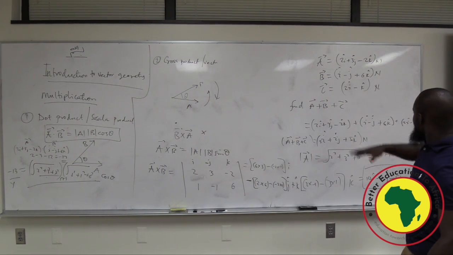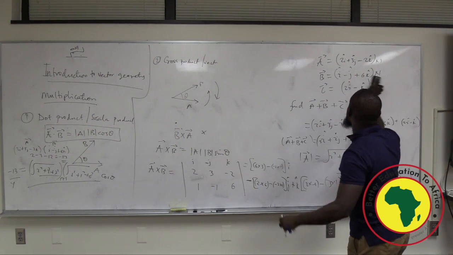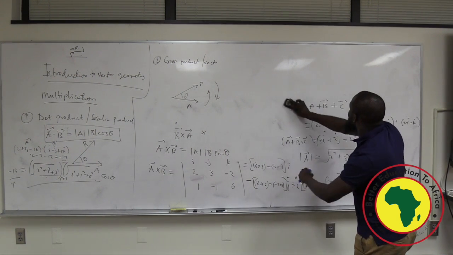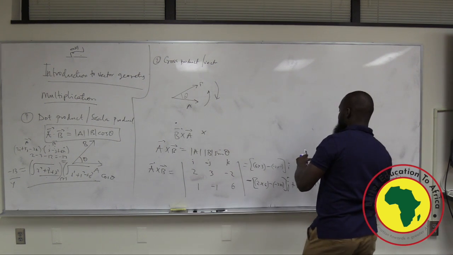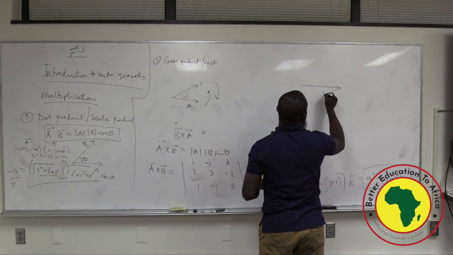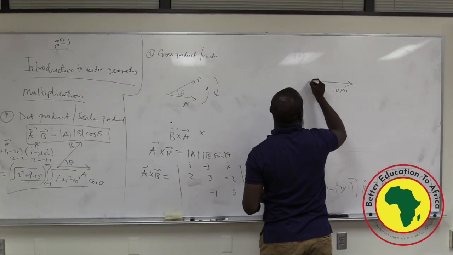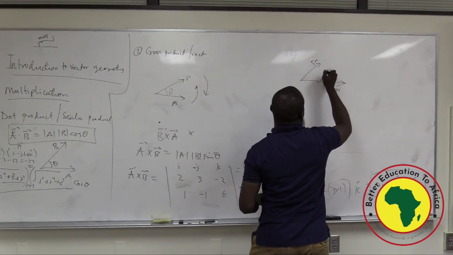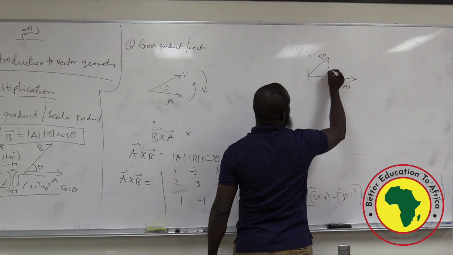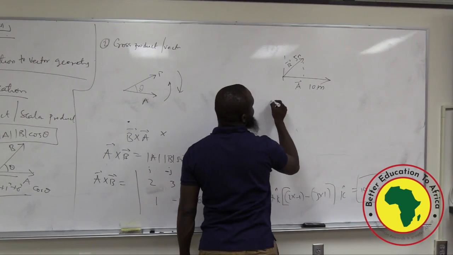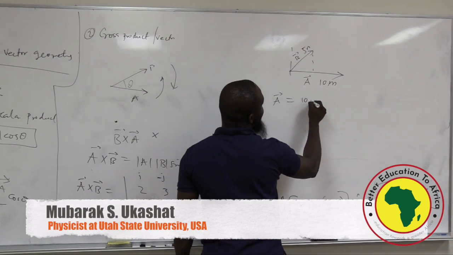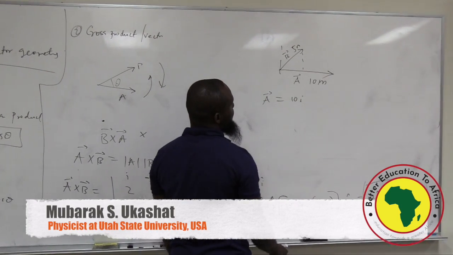So how can you use this position vector? Let's go back to that problem. Remember the problem we did for the parallelogram law, where we had 10 meters and 5 meters. All I need to do is get the x and y component of the 5. So I call this vector A, I call this vector B. So vector A is 10i because it's just along the x-axis, no j.